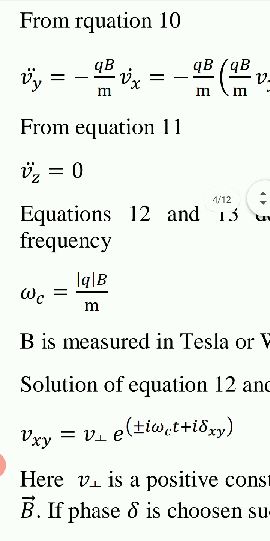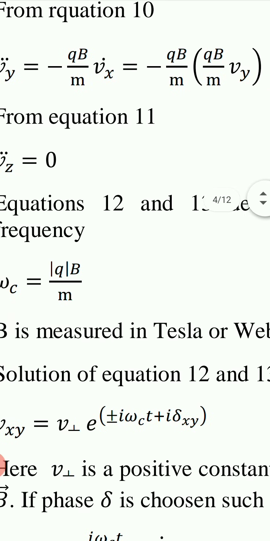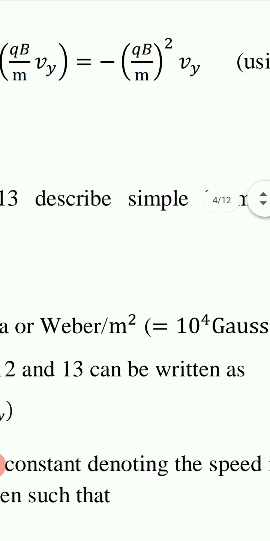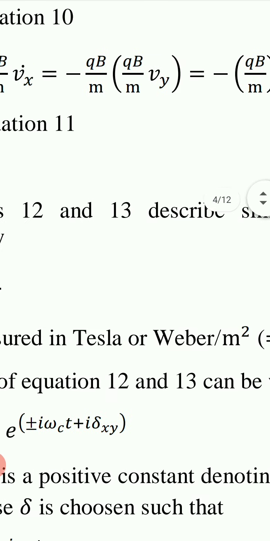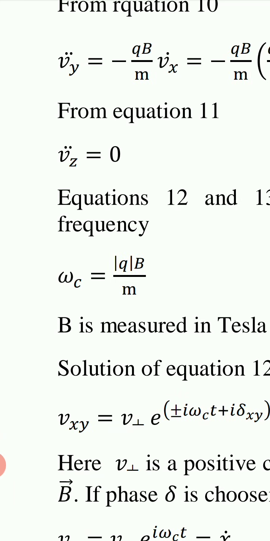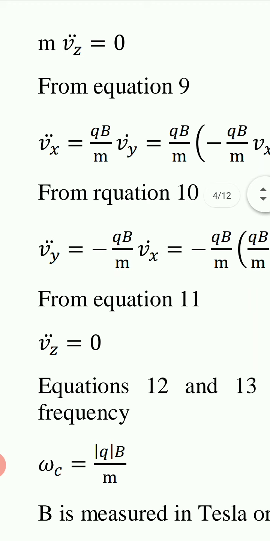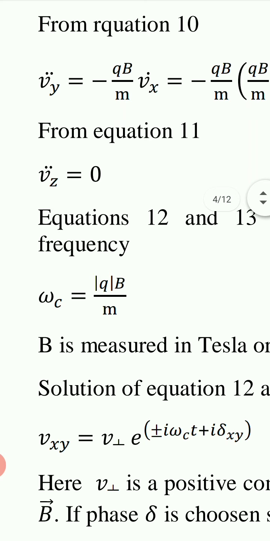Then vy double dot equals minus q b upon m into q b upon m vy, that is, minus q b upon m whole square vy. From equation 11 we have vz double dot equal to 0. This is equation 11. There is no force along the direction of the z axis, so the acceleration along the z axis is 0.